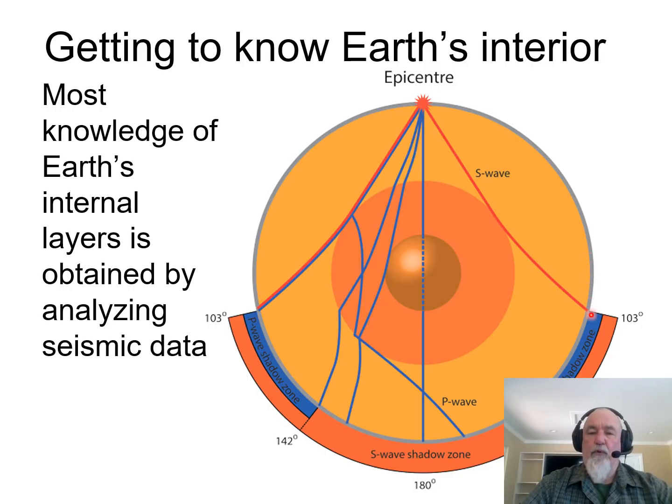And from this point all the way over to this point, there would be a shadow zone for S waves. So they just don't get received. In that case, we know that this absence zone that we see right here, this shadow zone, would map out a liquid zone within the earth. So we know then that we have a liquid zone inside the earth.